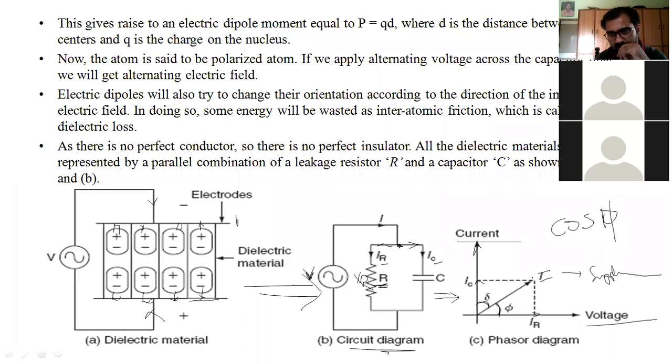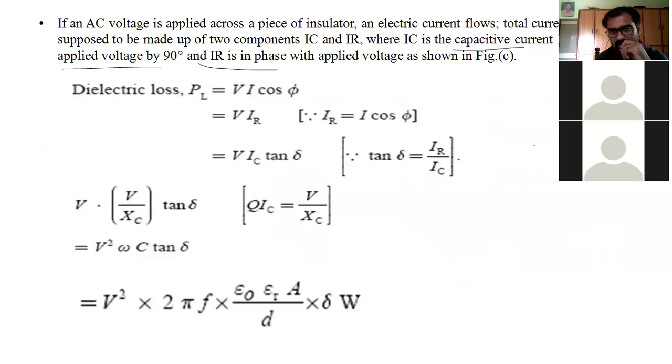If you consider this phasor diagram, this is IR, this is IC, and this is the resultant I. It makes an angle phi from the origin. From the angle, consider cos phi with I and IR.